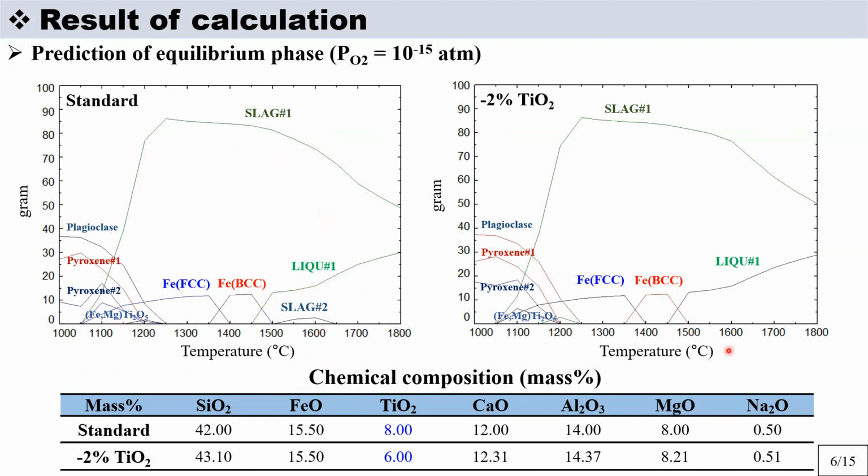On the other hand, in the figure on the right, there are only two phases, slag 1 and liquid. There is no slag 2 in the right figure. Therefore, as the amount of TiO2 in slag decreases, slag 2 disappears. In the case of -4, -6, and -8% of TiO2, we obtained the same results as -2% TiO2.